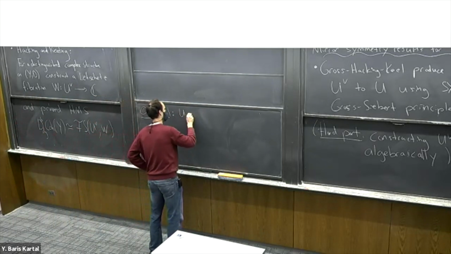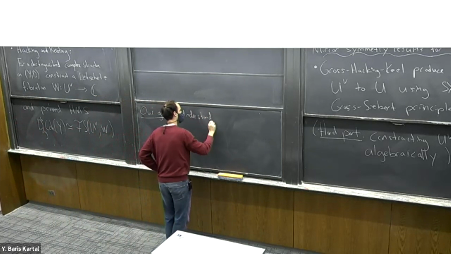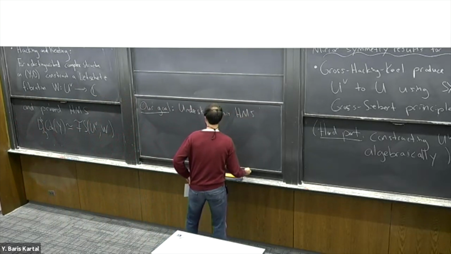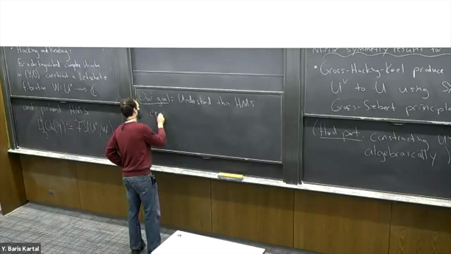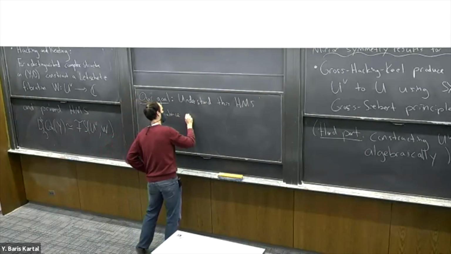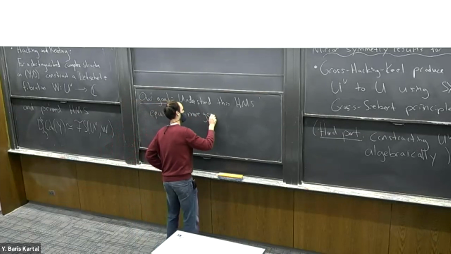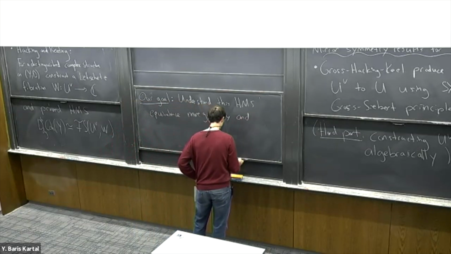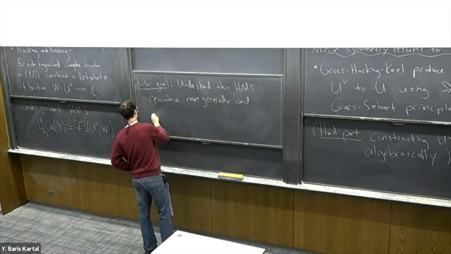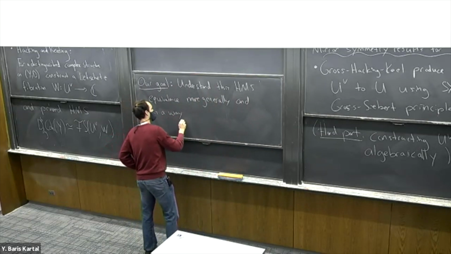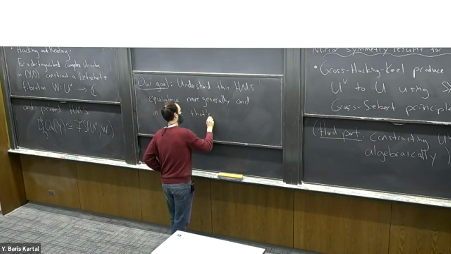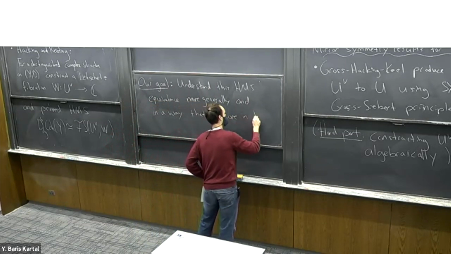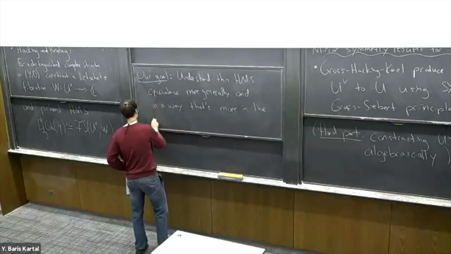Is to understand this HMS equivalence more generally, in the sense that I don't need to restrict to this distinguished complex structure, and in a way that's more in line with Gross-Siebert.